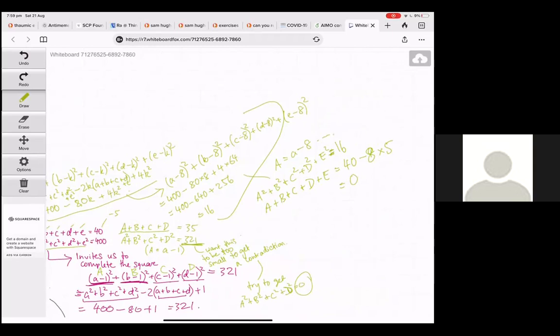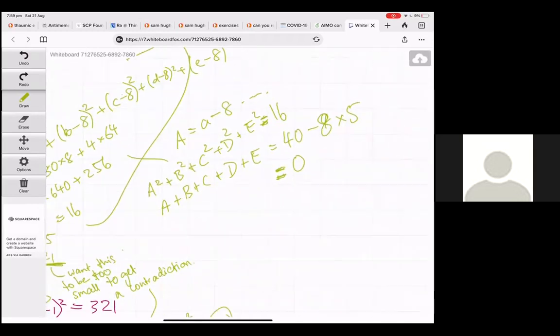So clearly some of these values are going to be negative in order to make the sum equal to 0. Well, I think at this point we can start to use our bounds. So at this point we've already established that E is greater than or equal to 16 and E is less than 20.